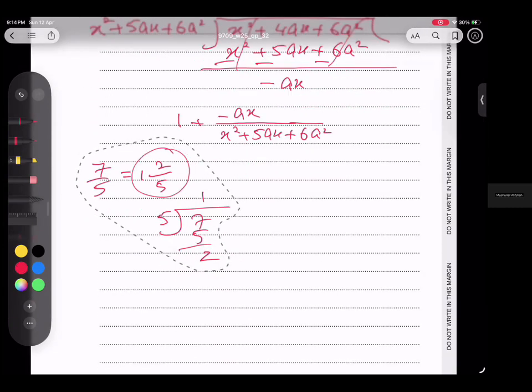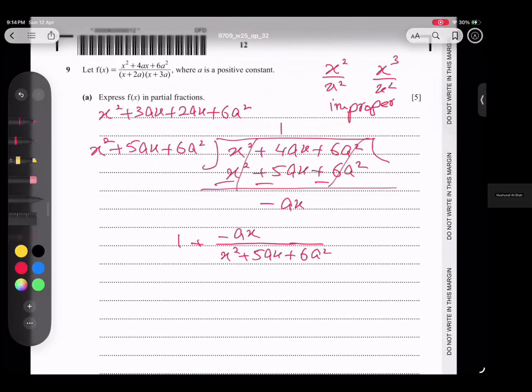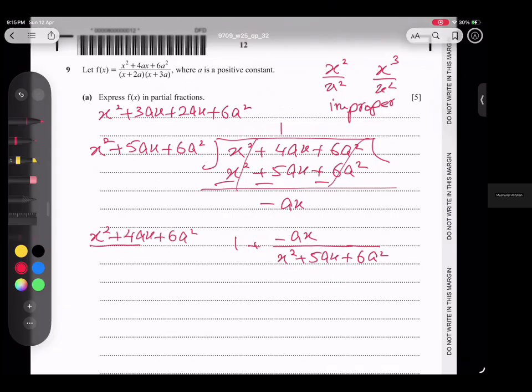I think you people understand how I got this one. Basically, I have converted this fraction. So I'm writing now here x to the power 2 plus 4ax plus 6a squared divided by x plus 2a and x plus 3a, which is equal to this one.